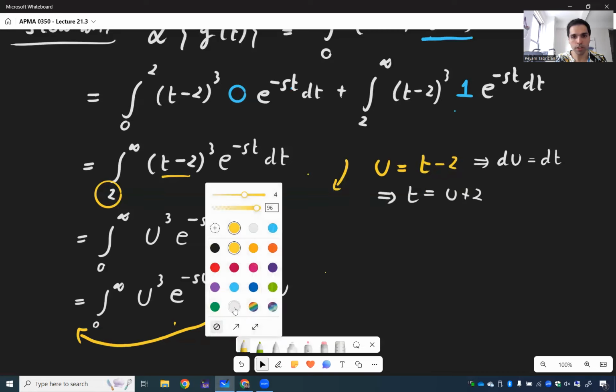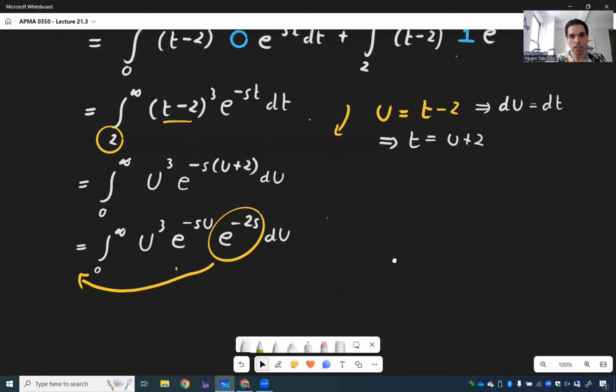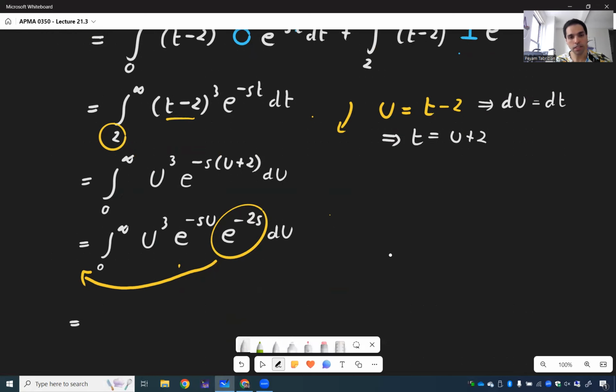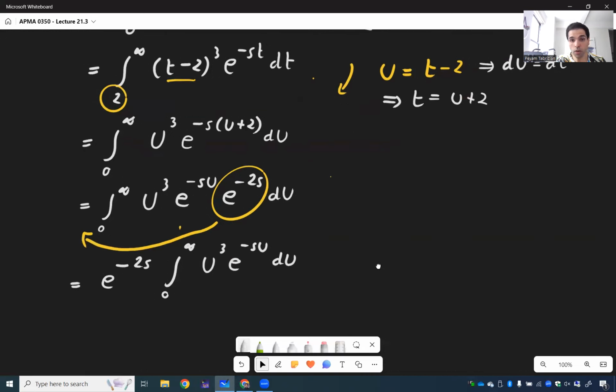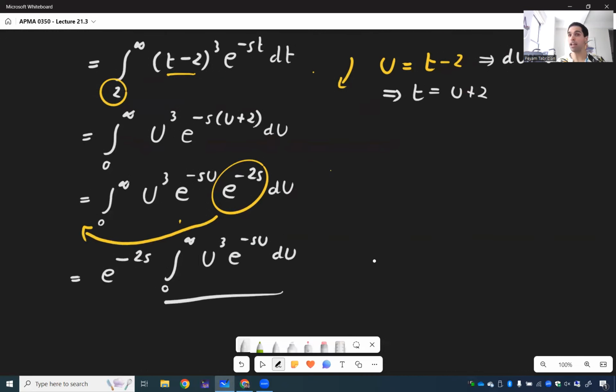And what we get is e to the minus 2s times the integral from 0 to infinity u cubed e to the minus su du. Notice this becomes a Laplace transform because it's the integral of the cube function times e to the minus su.